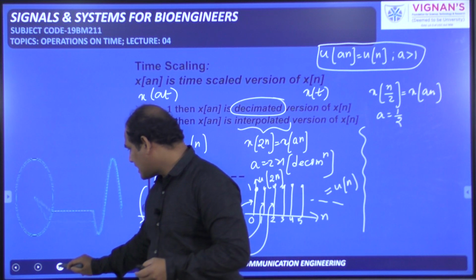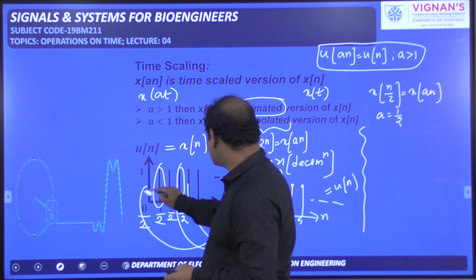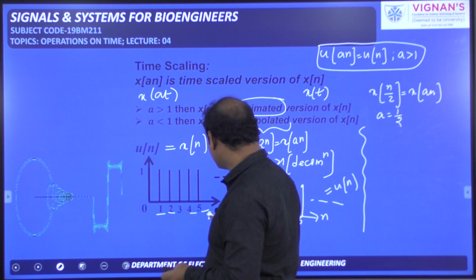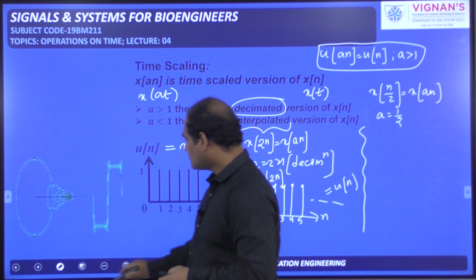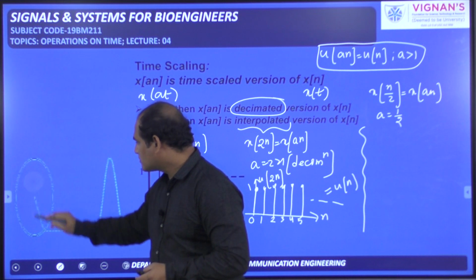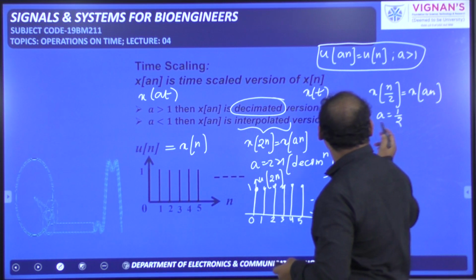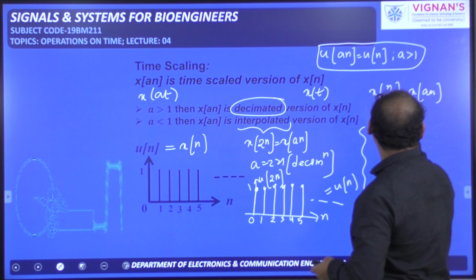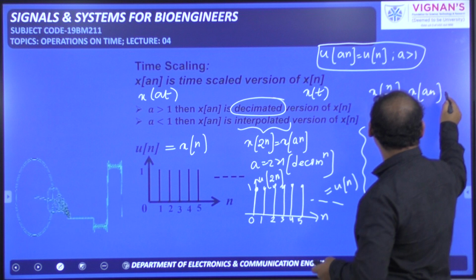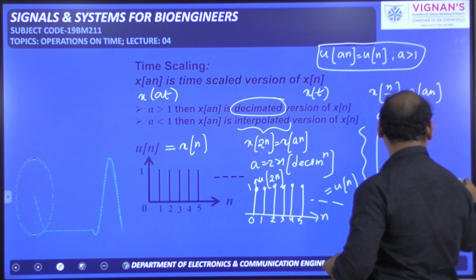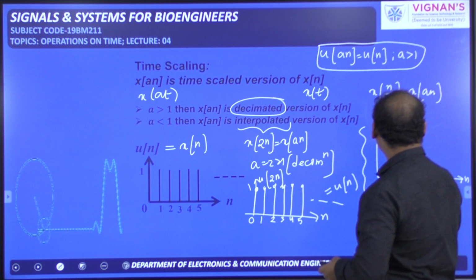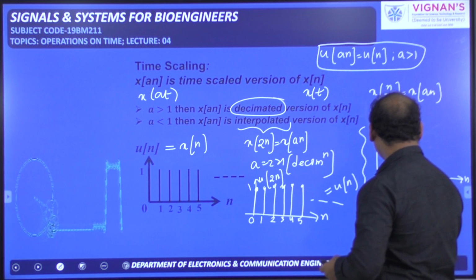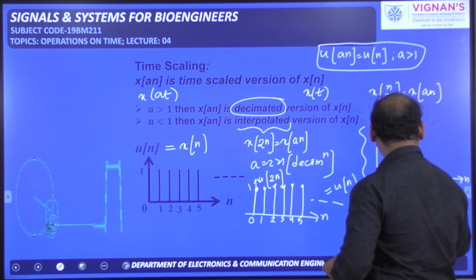So to understand, I am erasing all these things. Here the scale factor I got is 1 by 2. To draw u of n by 2, this is also having the values 0, 1, 2, 3, 4, 5 up to infinity.